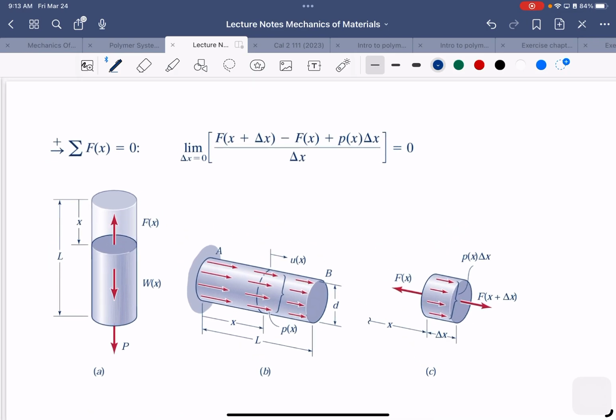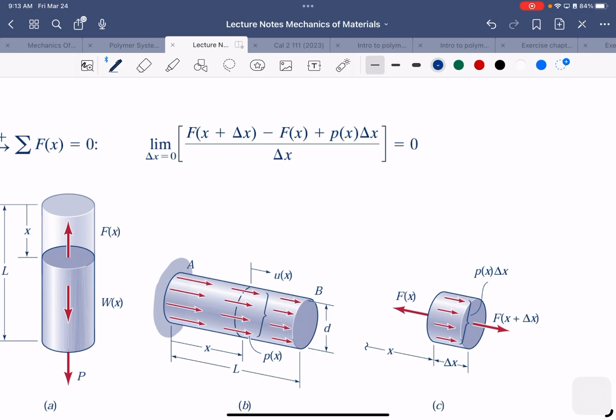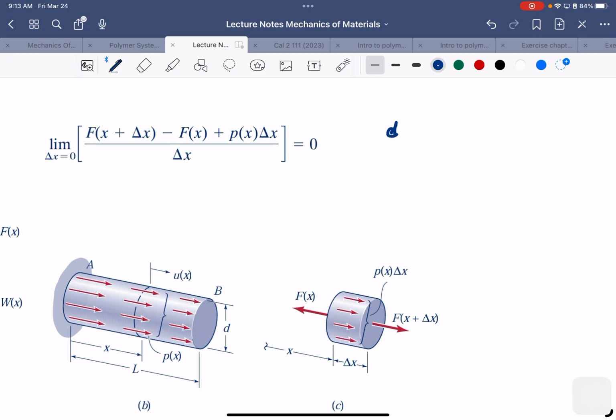When we take the limit as delta x goes to 0, we get this expression: the derivative of F with respect to x is negative p of x.